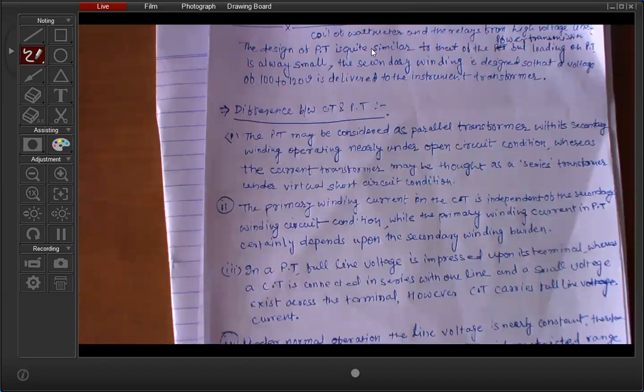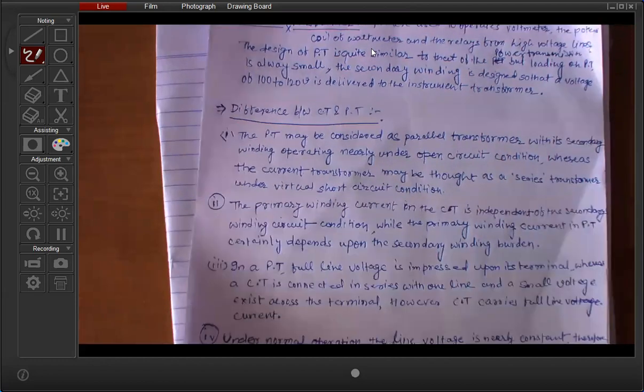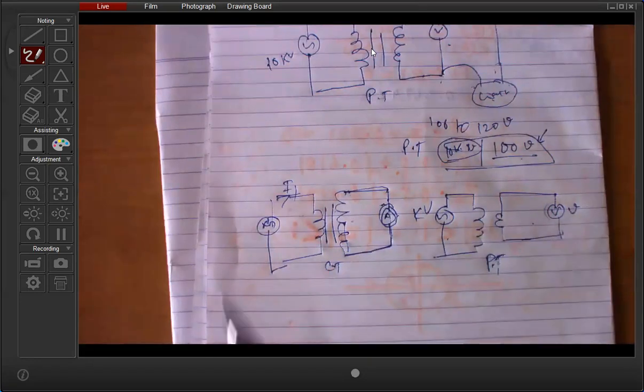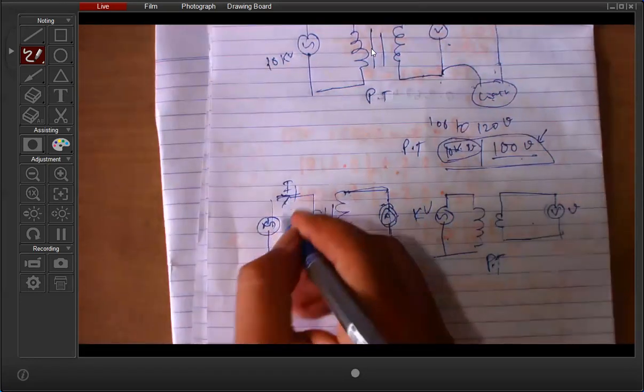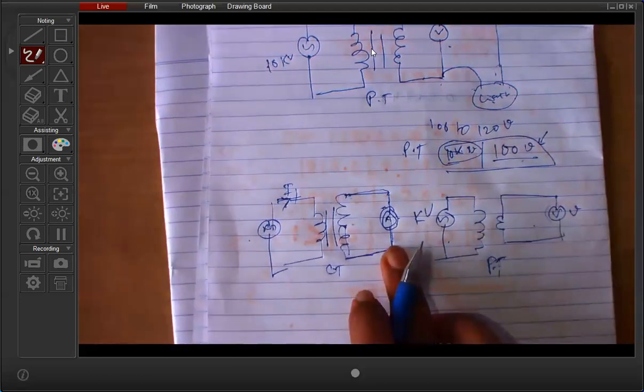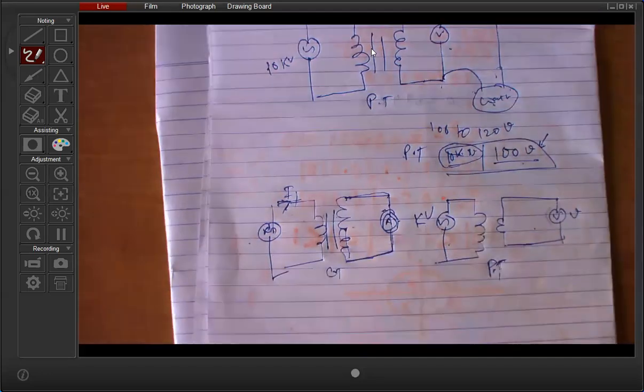Okay, so that's why the primary winding current in the current transformer is independent of the secondary winding current. Am I correct? So primary winding current depends on the load across the primary side. It does not depend on the load on the secondary side, because in the secondary side there is only one ammeter used for the measurement of current.